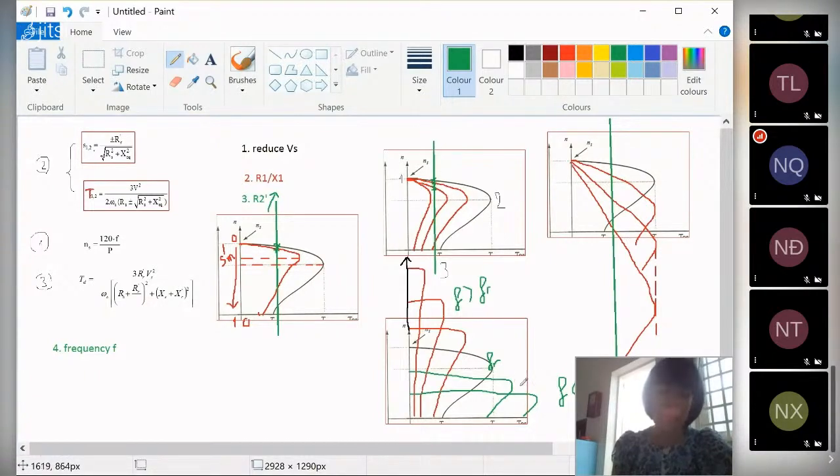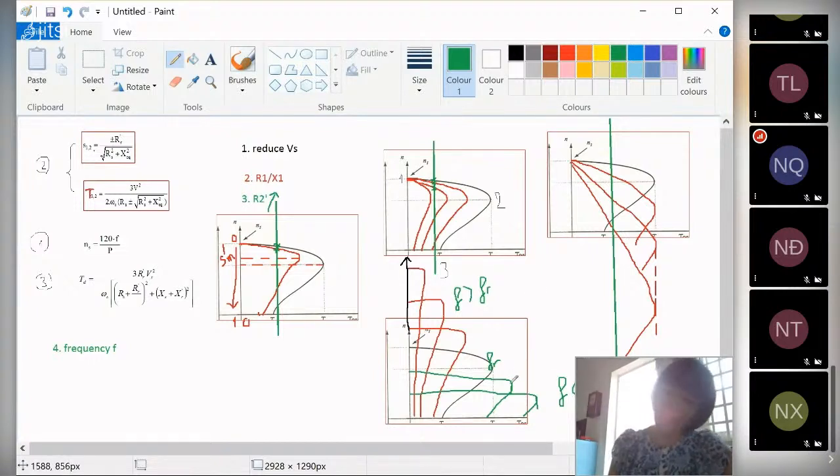Is that right? Yes. The current is large.